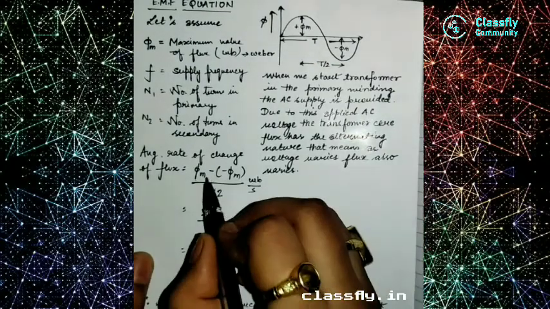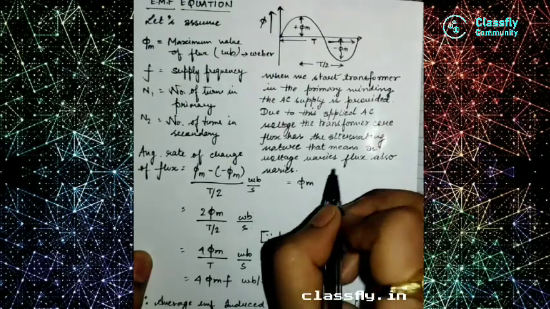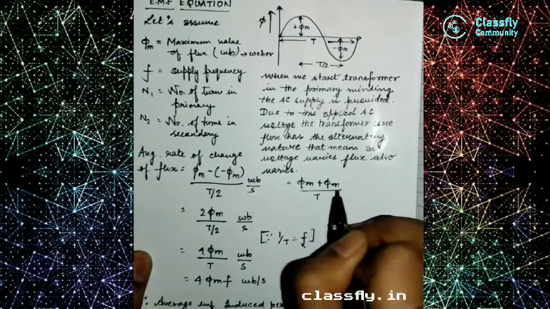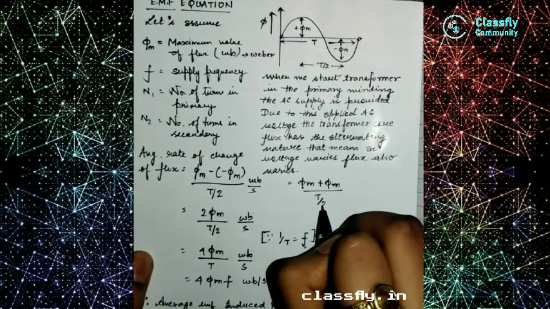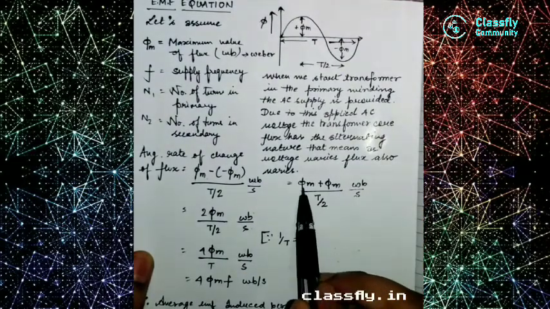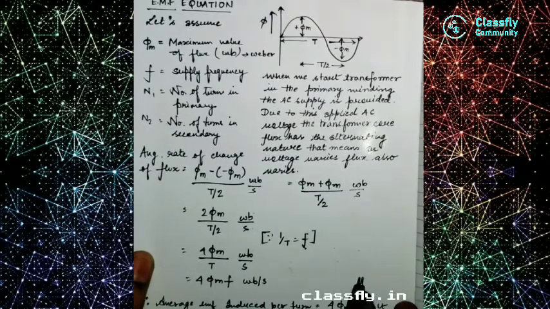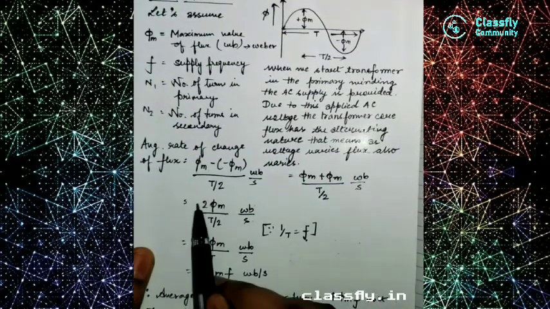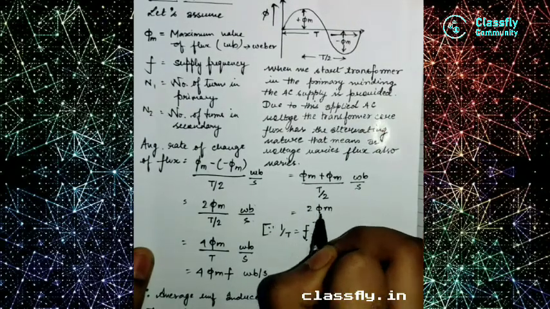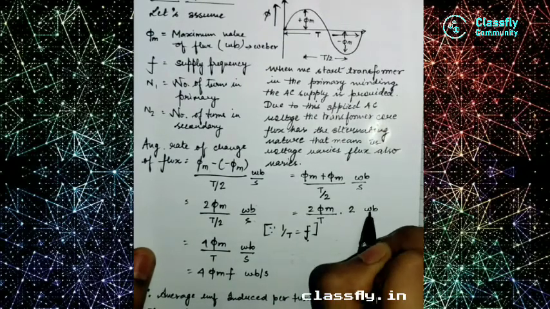Now when you solve this, minus minus becomes plus, so it is 2 phi m over T/2. Now this 2 goes up, so it is 2 phi m by T times 2 Weber per second.